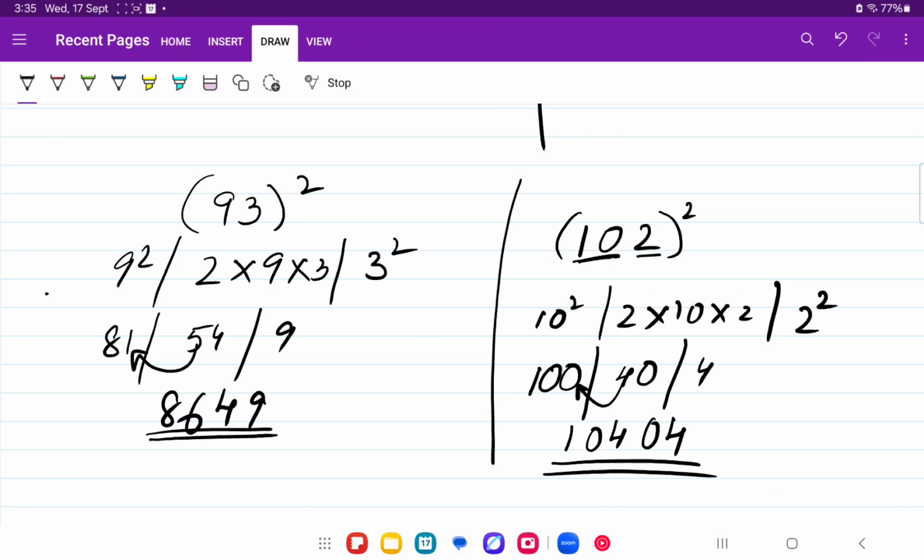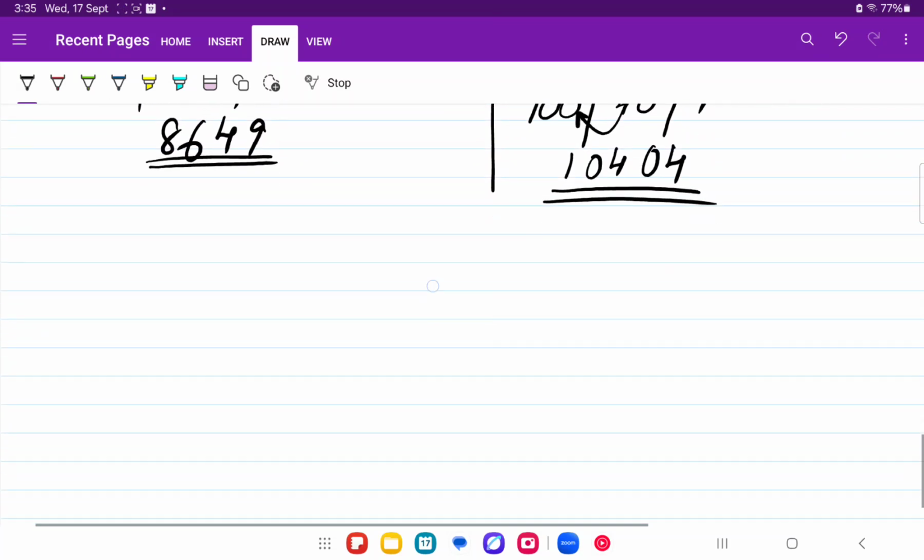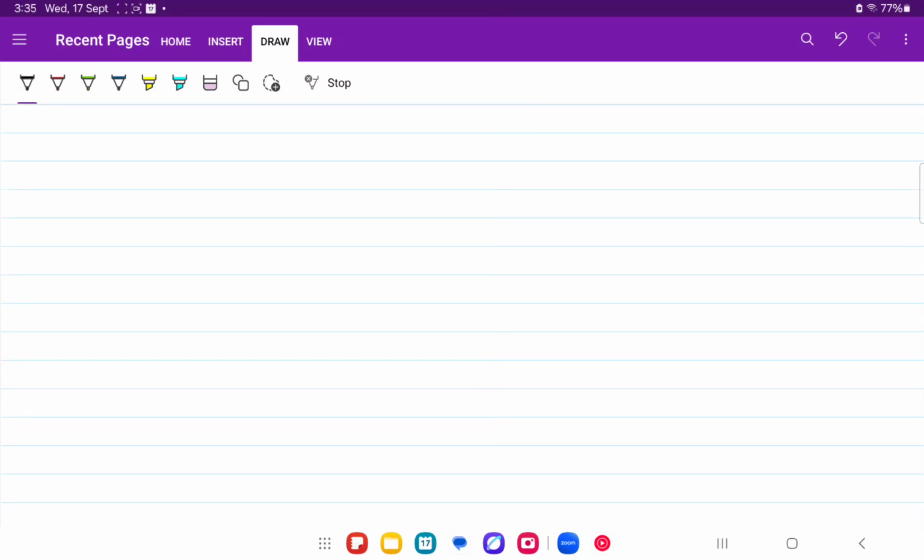Check it out. Do a few sums on your own. I'm giving you some here, but otherwise you can check my book Squares and Square Roots Simplified, in which I have given a proper explanation and lots of sums to work out. Okay.